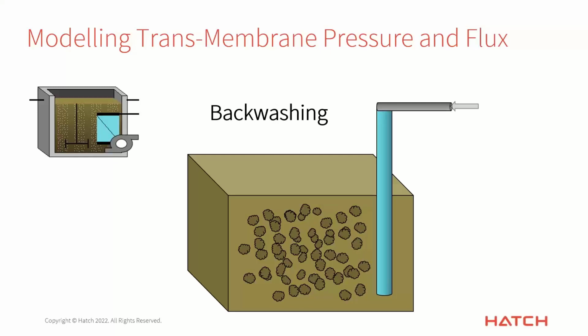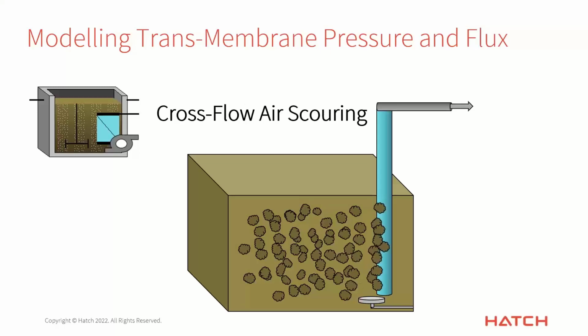We actually incorporate in quite some detail a complete mass balance of all of the particulate state variables, the particulate components of this mixed liquor, onto and off of the membrane. That is happening 100% of the time, along with all of the other stuff, the aeration models and the biological calculations. This backwashing effect is also happening. In addition, as we mentioned before, we have this cross-flow air scouring. We're bubbling bubbles over the surface of that membrane, and that removes some of the solids.